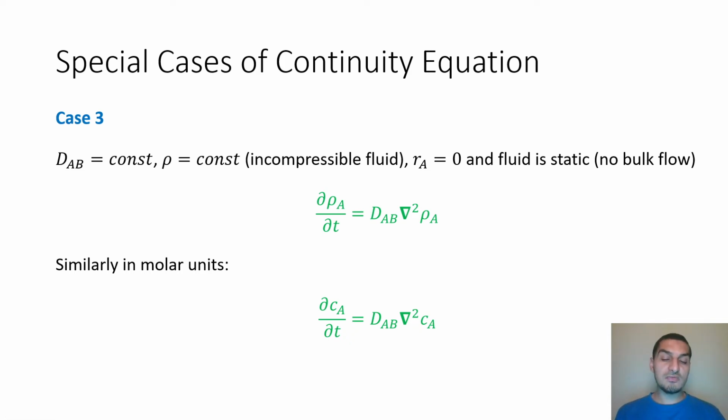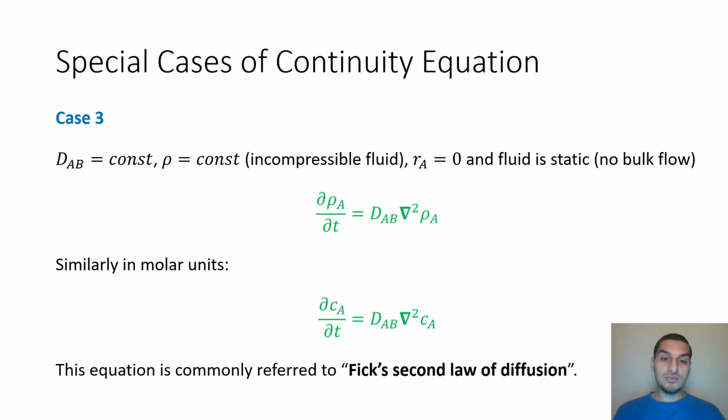This equation is very famous by the name of Fick's second law of diffusion, and that's why we differentiate between them by saying that the first one was Fick's first law, and this is Fick's second law. And you know, this makes sense because we don't have reaction in the first law. It is constant density and constant diffusivity, exactly like what Fick's first law states. So it is almost under the same conditions, but this is more general. There is an unsteady state term here, and it can be used for many more cases than Fick's first law.